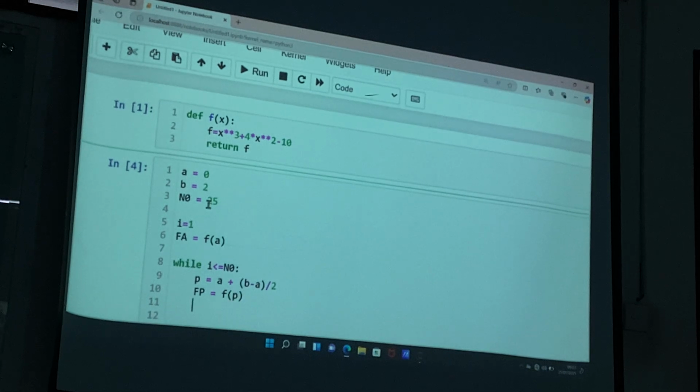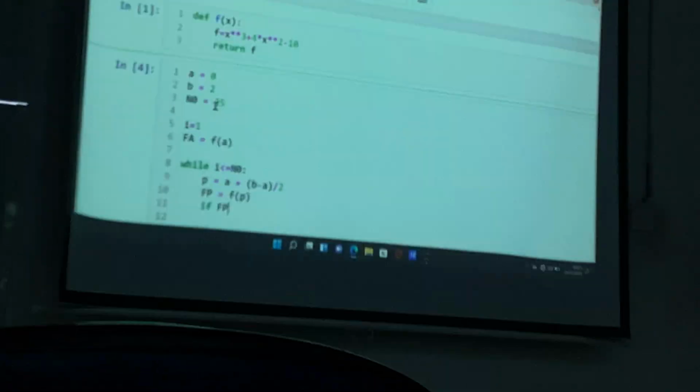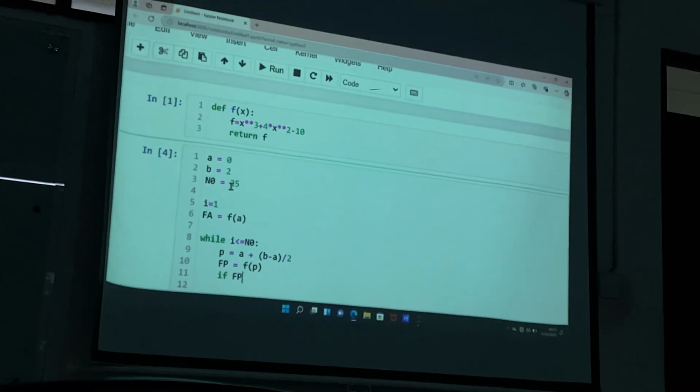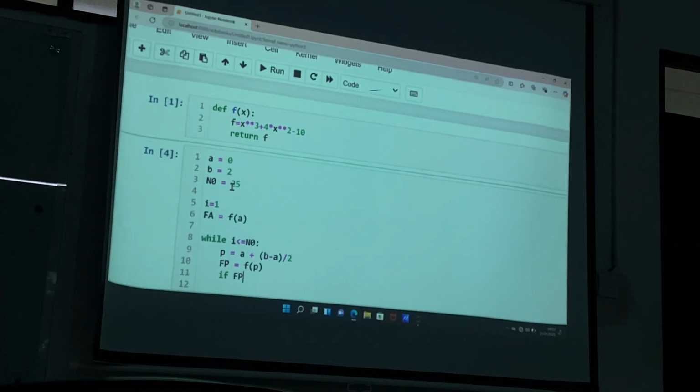After that, we'll check if FP equals, the equivalent conditional in Python uses double equals here. So if FP equals 0 or B minus A divided by 2 is less than tolerance. You need to set up tolerance as well here. Tolerance is 0.1.